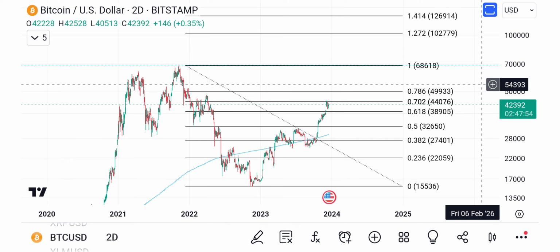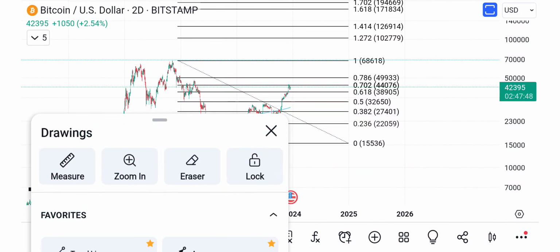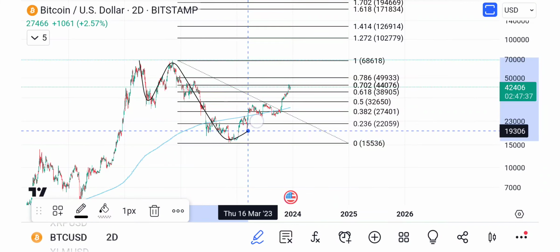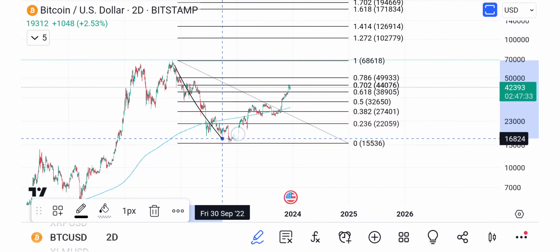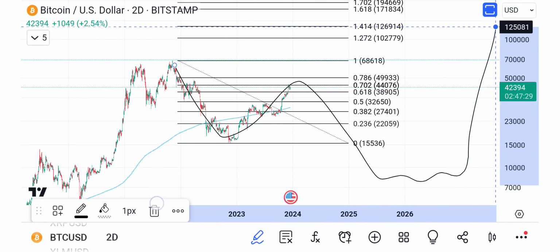So I'm not sure if that's going to happen next year, or if this is just a big retracement, right? So I've talked about the overall picture, which is this is an A, B, C, and now we're on our way up. Or number two, this is an A and this is a B, and now we're going into C, and then we go up.